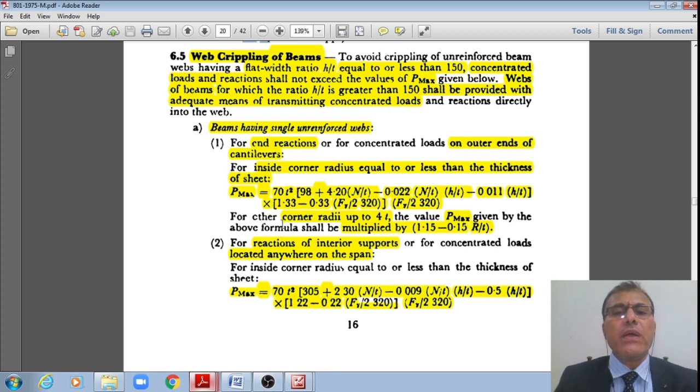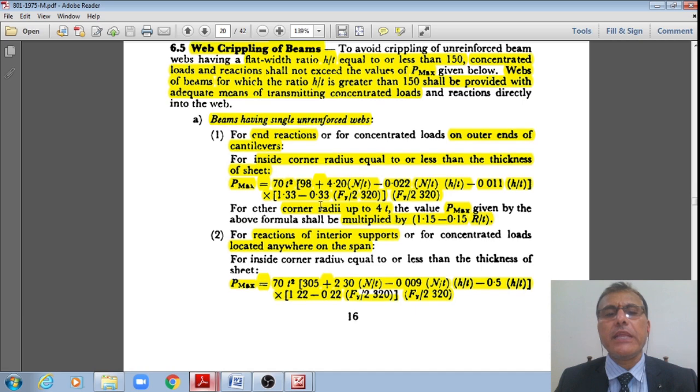Right. For other corner radii up to 40, the value of P maximum given by the above formula may be multiplied with 1.15 minus 0.15 r by t, right?